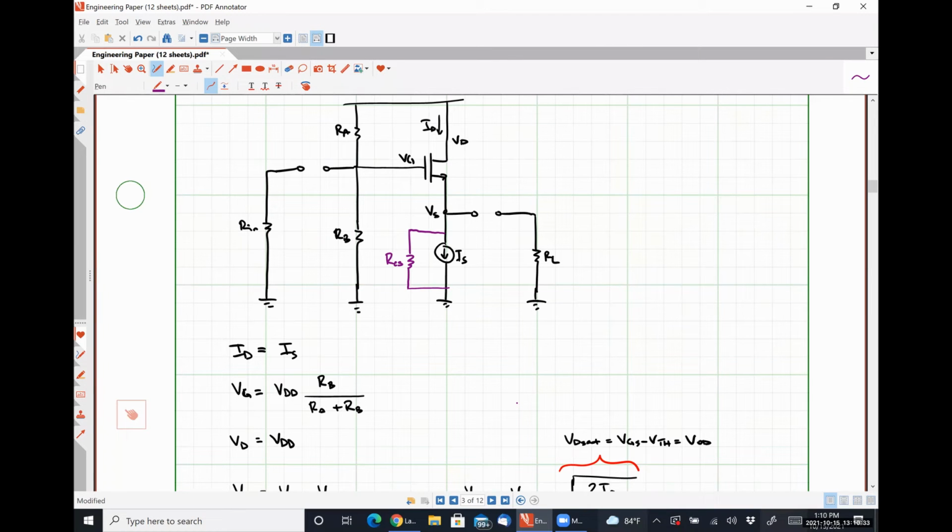Does the presence of this resistor RCS change VG? Not at all. Does it change VD? Also not at all. Does it change VS? You betcha. All right.